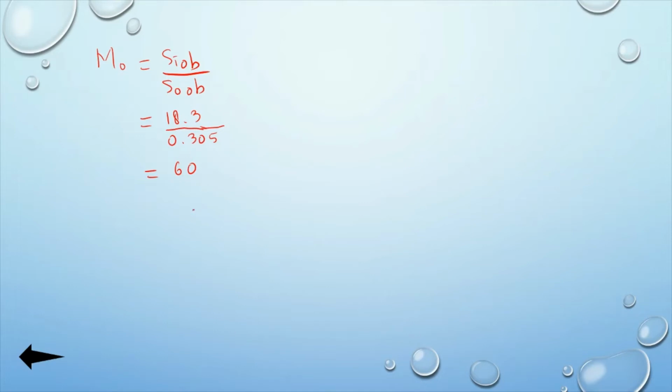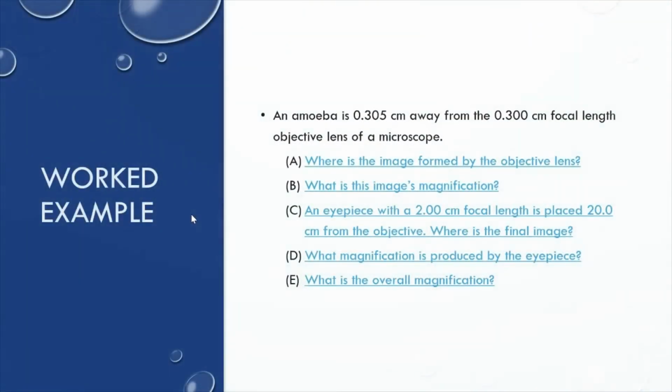Now let's continue to question C. An eyepiece with a 2 cm focal length is placed 20 cm from the objective. Where is the final image? The final image means the position of the image from the eyepiece.